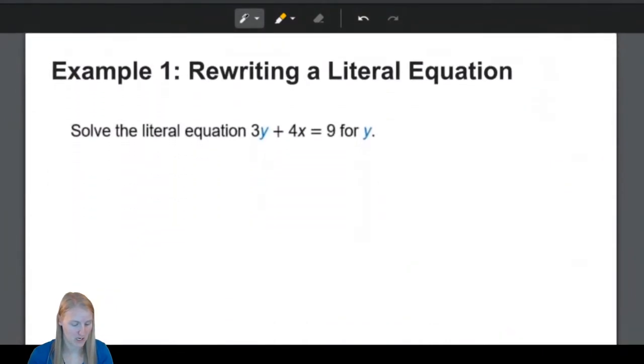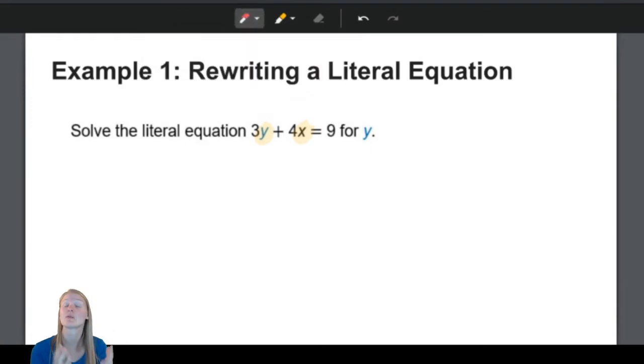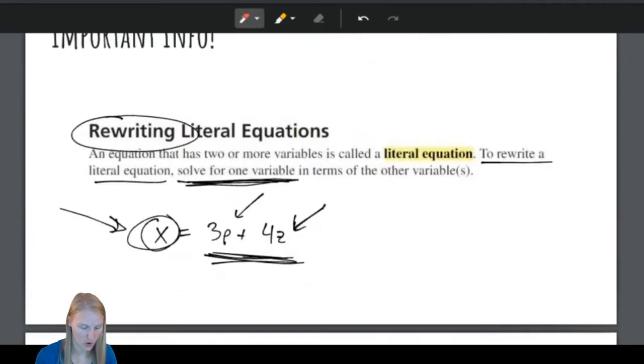Let's see what that looks like. Our first example, we're going to start out nice and easy. You'll notice that there's y and x, just two. We're going to start with just two variables. The most important thing about rewriting a literal equation is you need to know what you're solving for. Notice how it said solve for one variable.